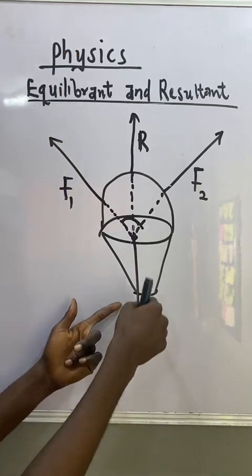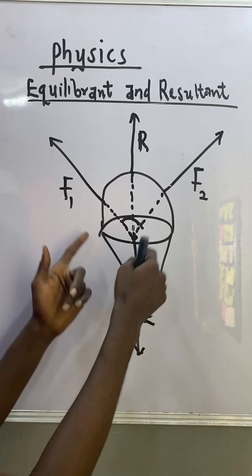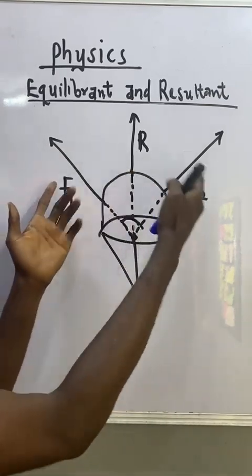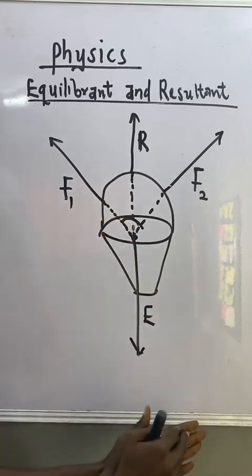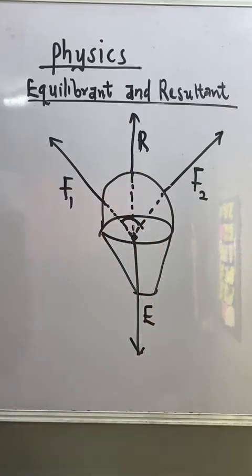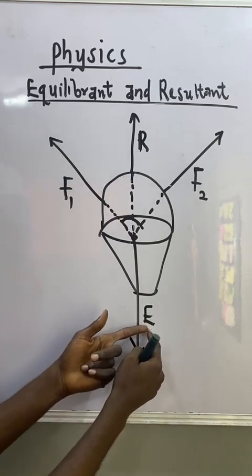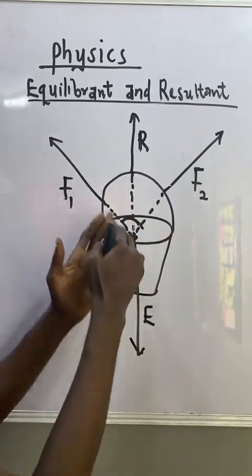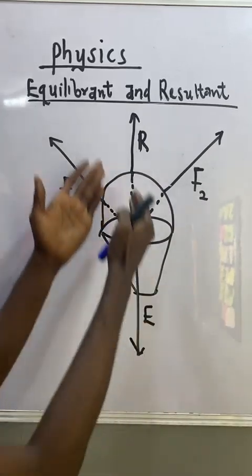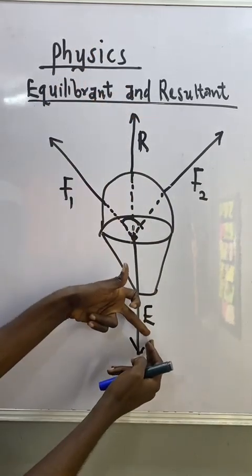You can see that we cannot have equilibrium without two or more forces acting. So equilibrant is a single force that balances two or more forces. That's the difference between resultant and equilibrant.